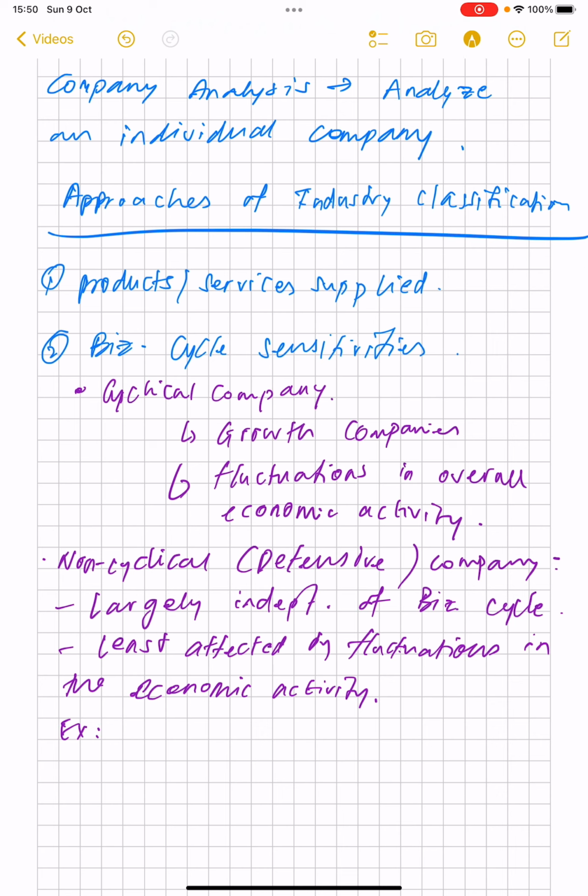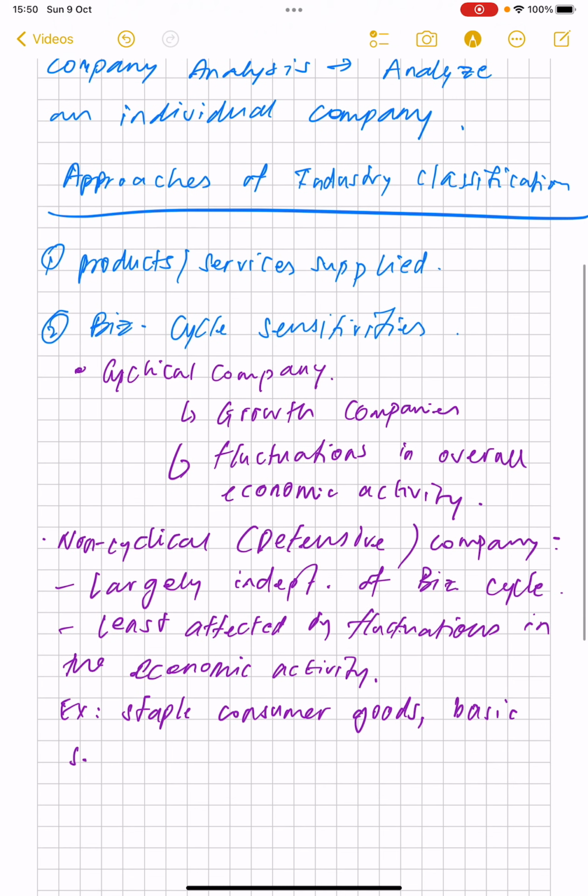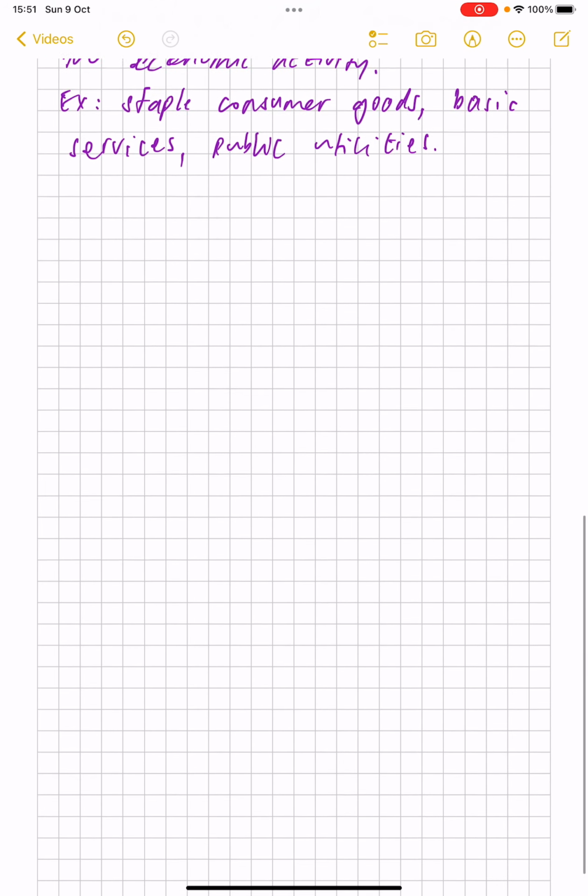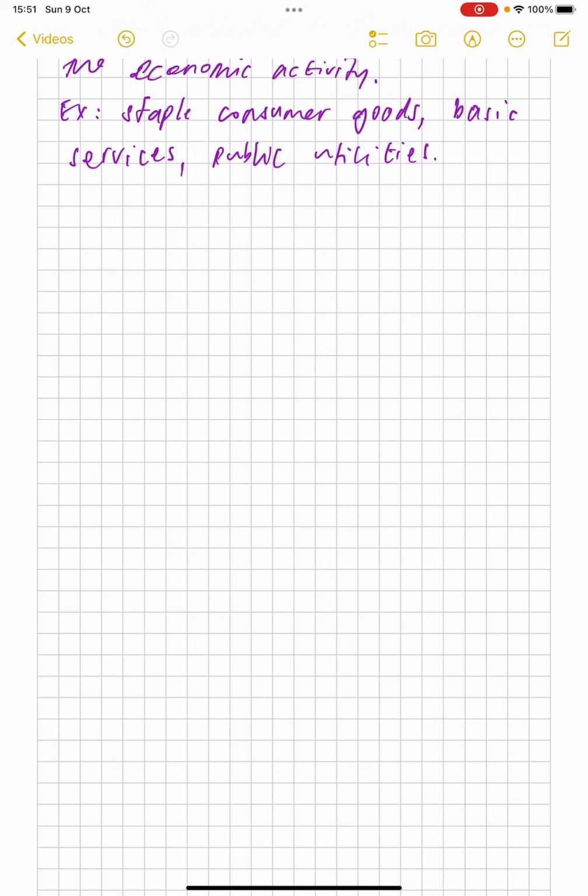You can have example, we talk of staple consumer goods, basic services and public utilities.